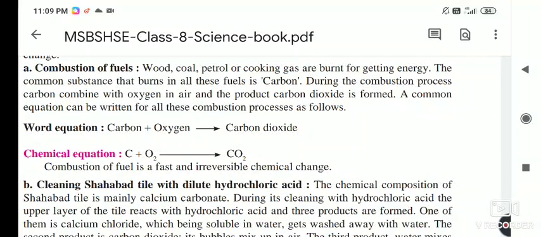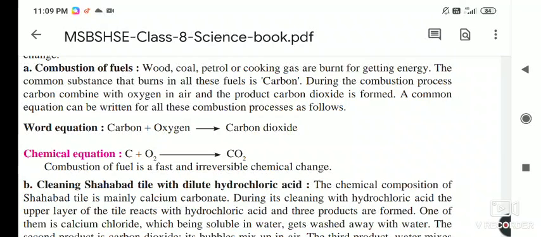So the common substance that burns in all these fuels is carbon. During combustion, carbon combines with oxygen in the air and the product carbon dioxide is formed.